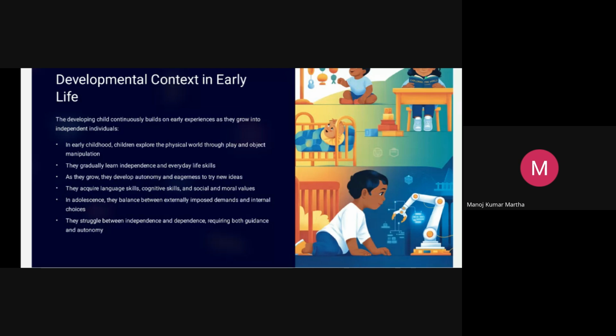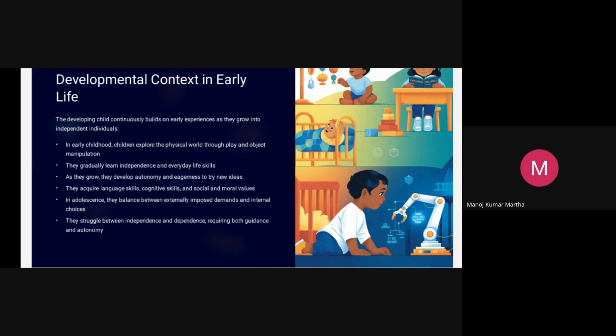Another important thing, they learn language from the family. Language development is the first step of cognitive development. They learn language by observation, by practicing, and by making conversation with different members of society, which helps in the development of cognitive skills. Also from the family they learn social and moral values.